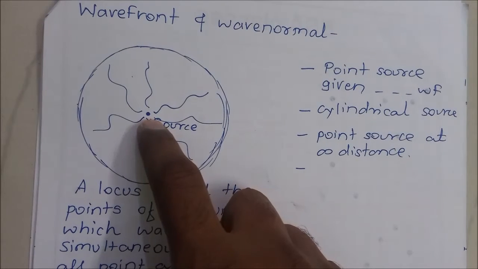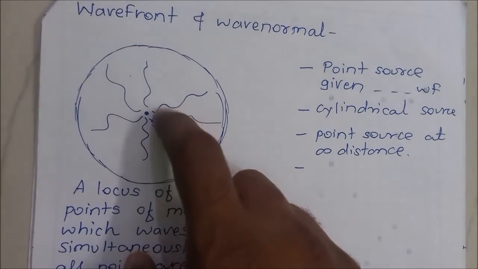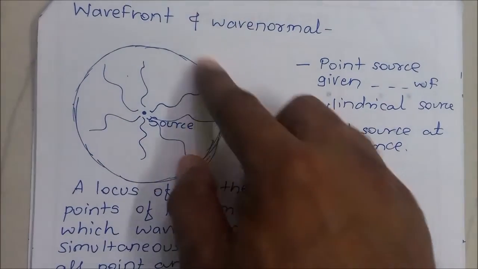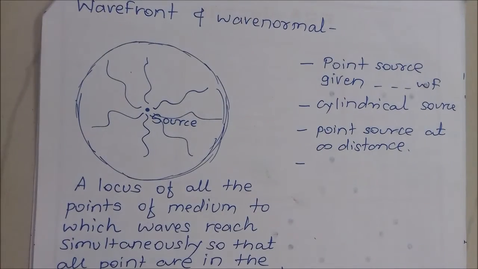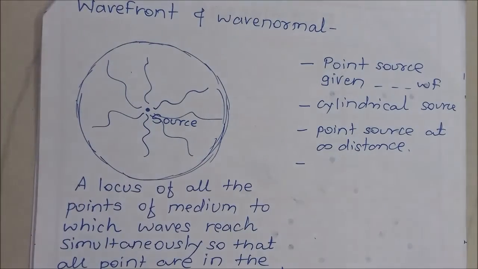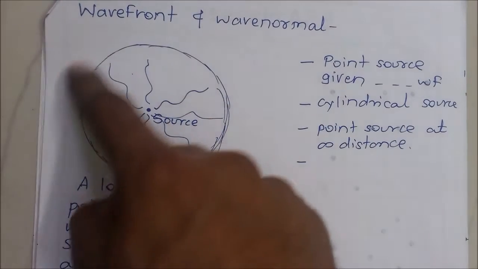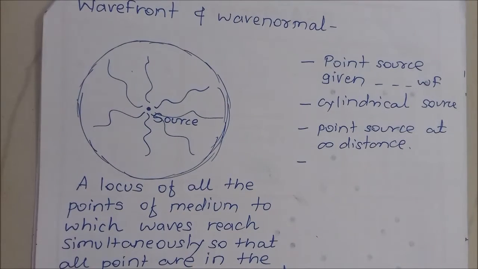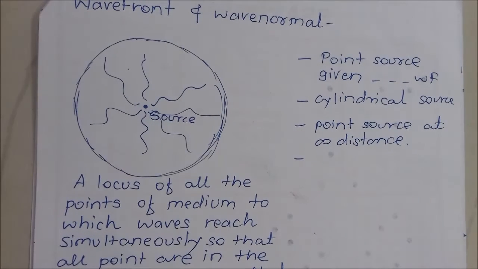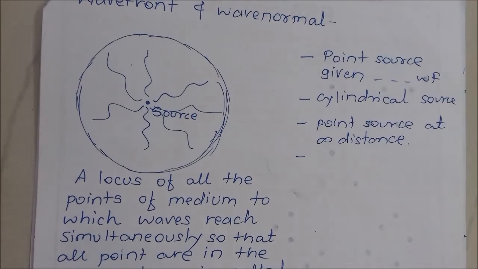Waves come out of it and all reach this surface of the sphere at the same time. Therefore each wave reaching the surface is in the same phase, so this spherical surface is called a wavefront. A point source produces a spherical wavefront, a cylindrical source produces a cylindrical wavefront, and a point source at infinity produces a plane wavefront.